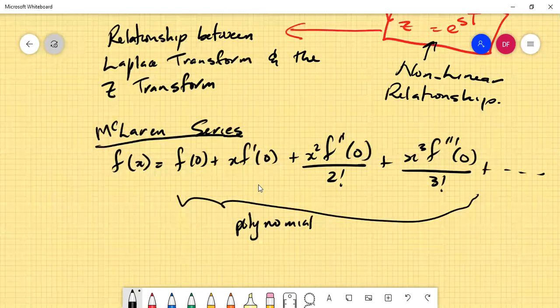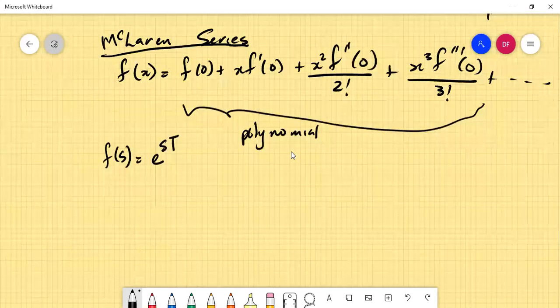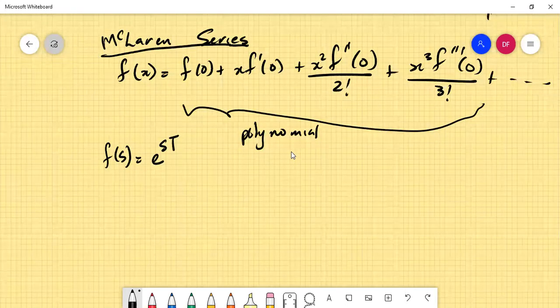If I have a function f of s equal to e to the st, and this is nonlinear, to straighten it out I am going to take the first two terms.